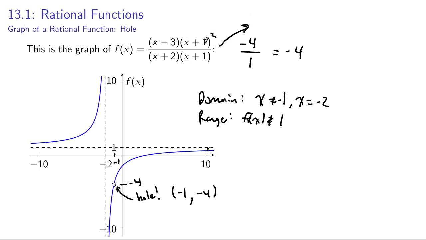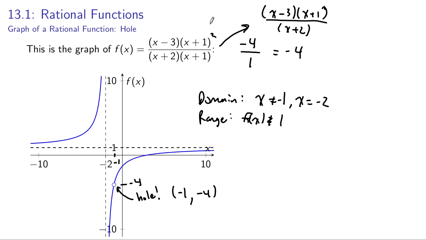If you cancel the common factors in this case, you'd have x minus 3 and you'd still have one x plus 1 left, because there are 2 of them in the numerator and only 1 in the denominator. So you'd have the graph of this rational function with a hole, not x minus 3 over x plus 2. You still have one of these x plus 1s in the numerator. And so the hole's y value will change, because when we put in negative 1, we're going to get 0 as the y value.